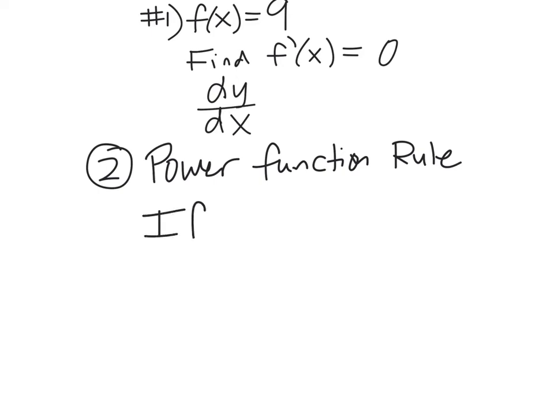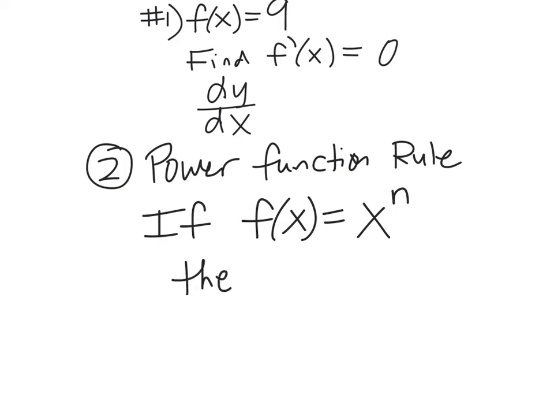If f of x is equal to x to the n, where n is a number, it's a constant, then f prime of x is equal to, this is what you do. You take the n, the number up top, and you bring it down to the front, and then you subtract 1 off.